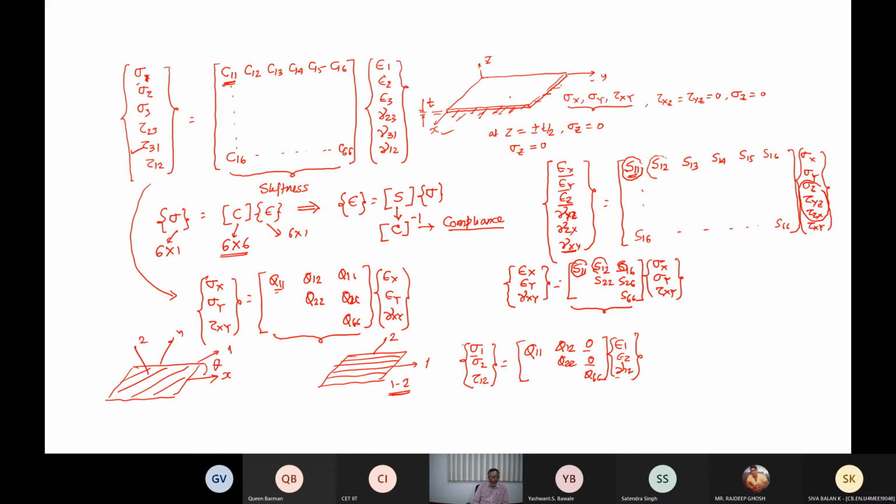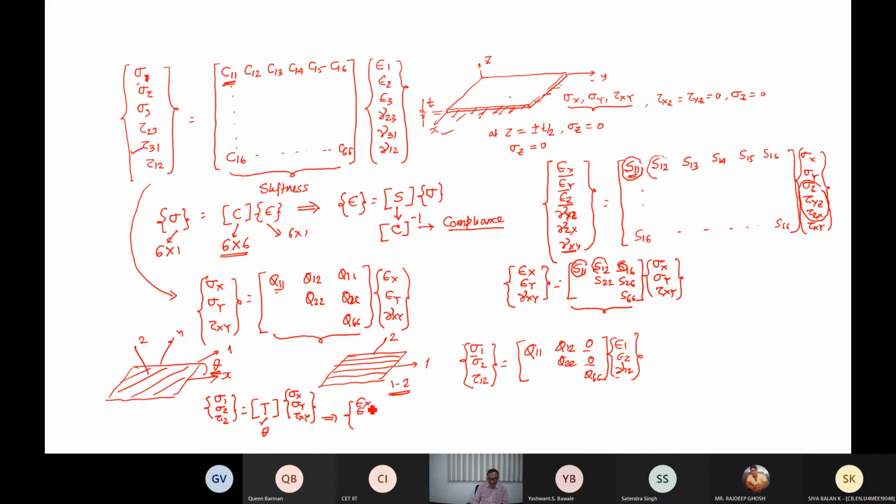Then by simple stress and strain transformation, because we have the formula for stress and strain transformation, sigma 1, sigma 2, tau 12 is nothing but the stress transformation matrix T into sigma x, sigma y, tau xy. What is this T? This is a function of theta, sin theta, cos theta. Theta is the angle that the principal material direction 1, 2 makes with xy. Similarly, we have the strain transformation also.